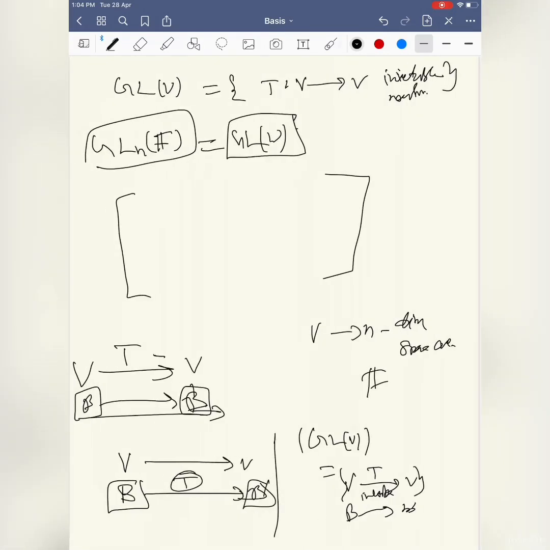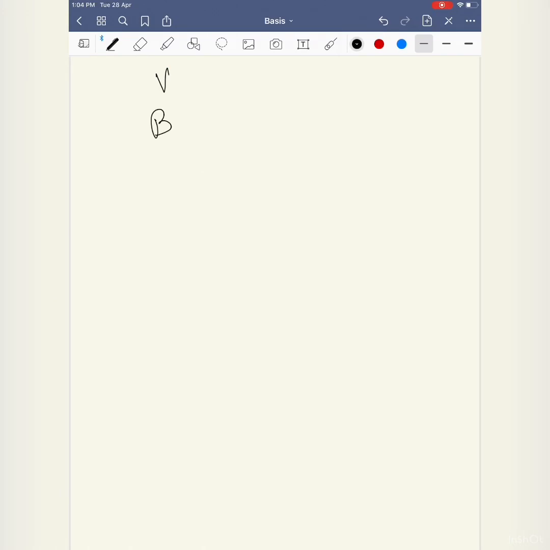One side I fix a basis, and on the other side I float the basis. So how many distinct bases I have, that many distinct T I can get. The fixed side is completely determined once you specify the basis, and the other I can float. A basis goes to a basis if and only if it is an isomorphism or invertible transformation.